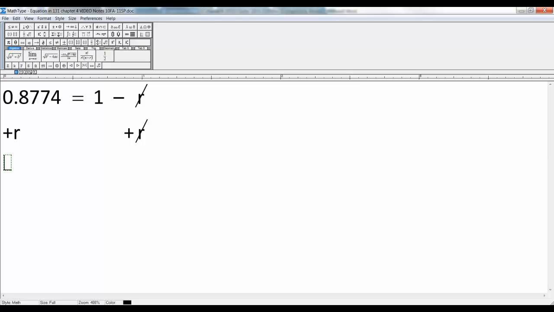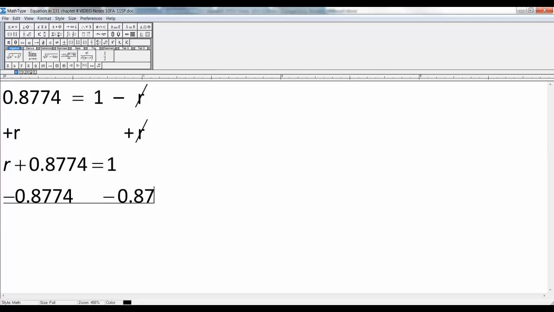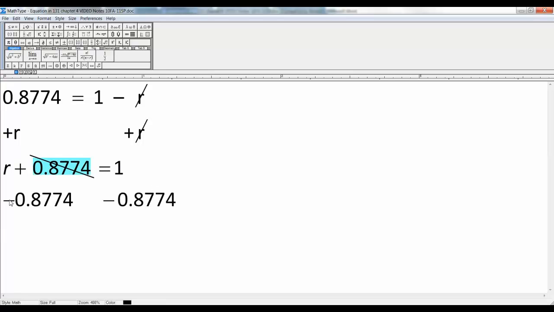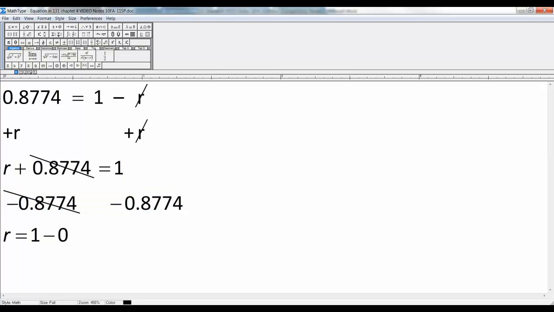So that gives you R plus 0.8774 is equal to 1. Now you want to solve for R, so you want to subtract the 0.8774. It just occurred to me that I could have just subtracted the 1 in the first place, but that's all right. I did it this way. It's fine. Minus 0.8774. So this will be gone over here. So you're going to be left with R is equal to 1 minus 0.8774.